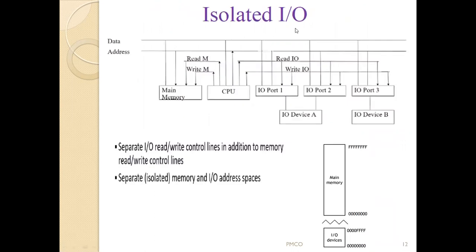So then what is isolated I/O? Refer to the diagram here. In isolated input output, we have separate I/O read-write control lines in addition to the memory read-write control lines. Here the memory, CPU, and I/O devices are connected through the I/O buses, that is, the data bus, address bus, and control bus.